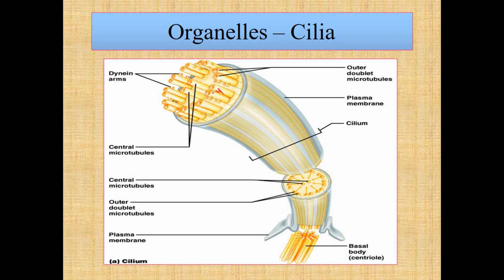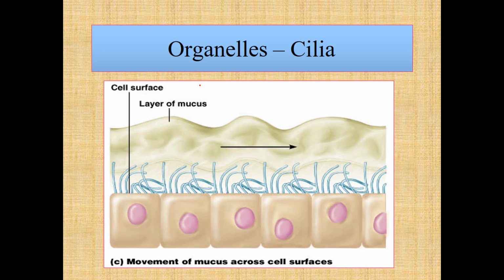In higher biology classes, you would go over how they operate with those dynein arms. We're not. You're just going to have to trust me, they can contract and bend, and that movement keeps mucus flowing, and that's why we see them in the trachea, commonly known as the windpipe.